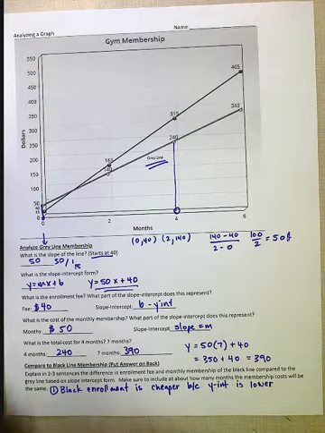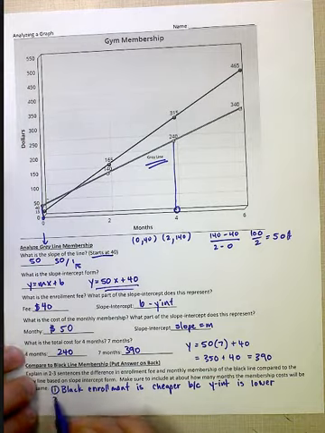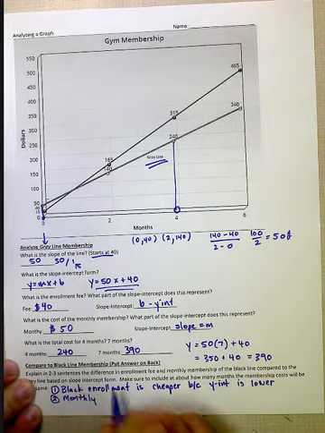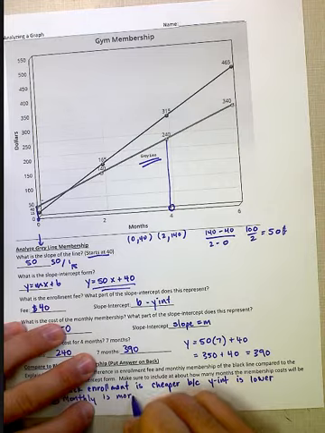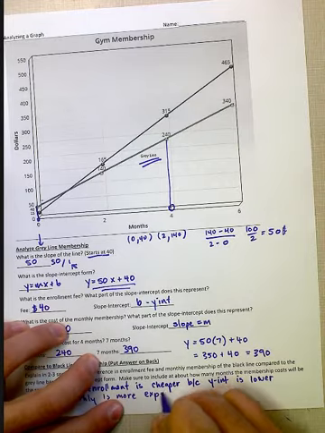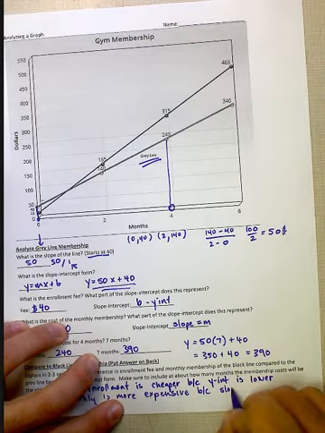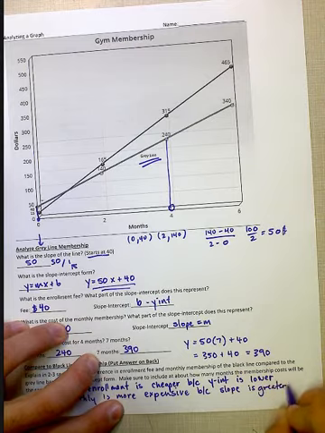And then the second thing you could talk about, monthly membership is more expensive because slope is greater, steeper.